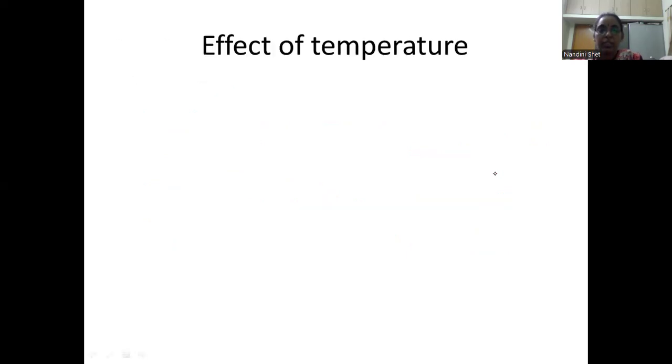So let us see what exactly happens. We can summarize whatever I told just now for the effect of temperature like this.